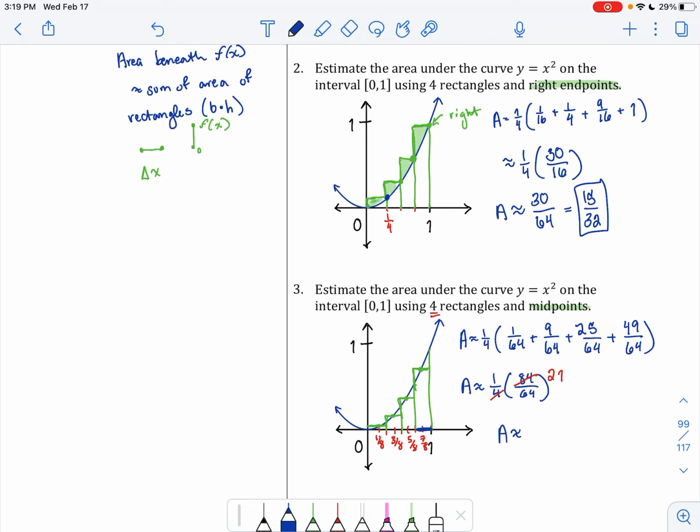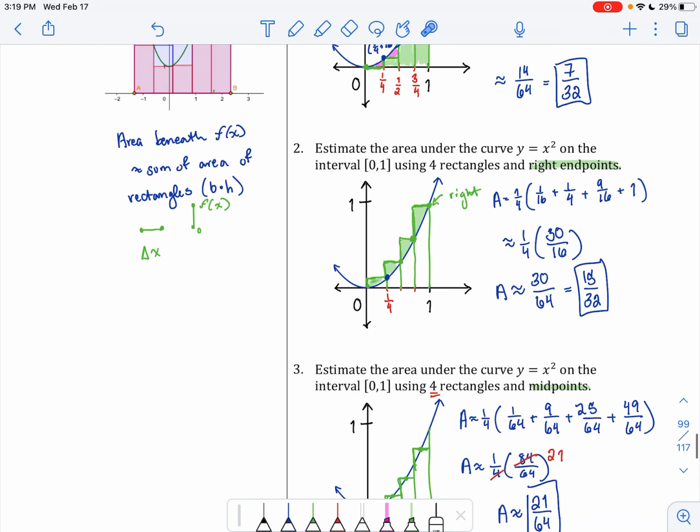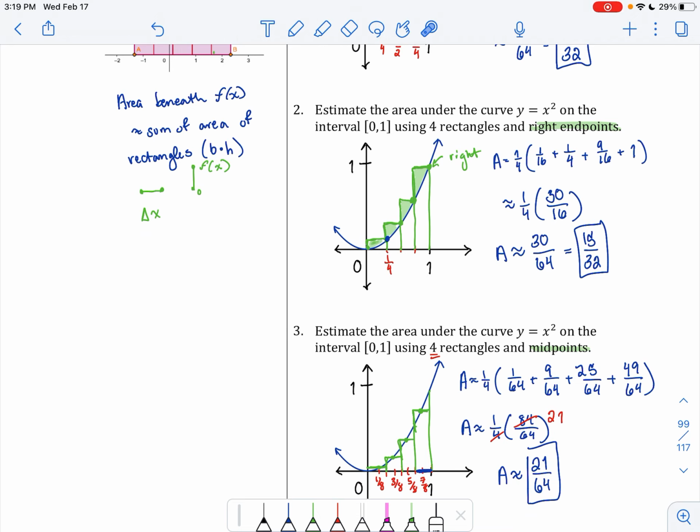And so the area is approximately equal to 21 over 64. Which, if we wanted to compare it to these ones, we had 14 over 64 as a lower estimate, 30 over 64 is an upper, so this makes sense that the midpoint, 21 over 64, is in between those two.